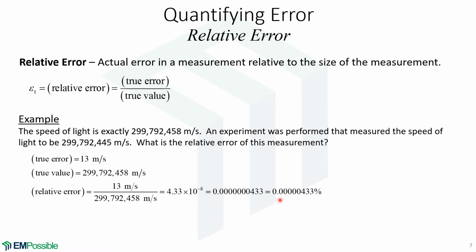Let's put that on a percent scale. Wow, our error is 0.0000433%. That's a hugely small error. So by going with the relative error, we know this is a really good experiment. We've done extraordinarily well here. So pretty good.